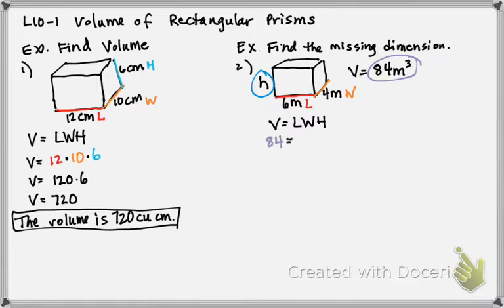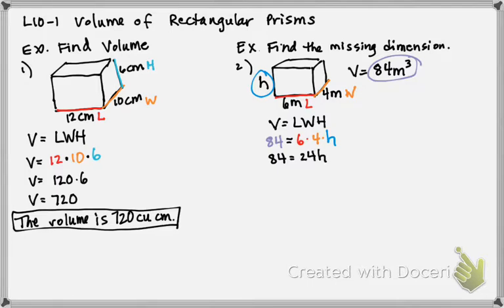And then equals, and then we have length is 6 times width is 4 times height, which is going to just stay height. Okay, so we're going to do the math on the right side, and we get 84 equals 24 times h.